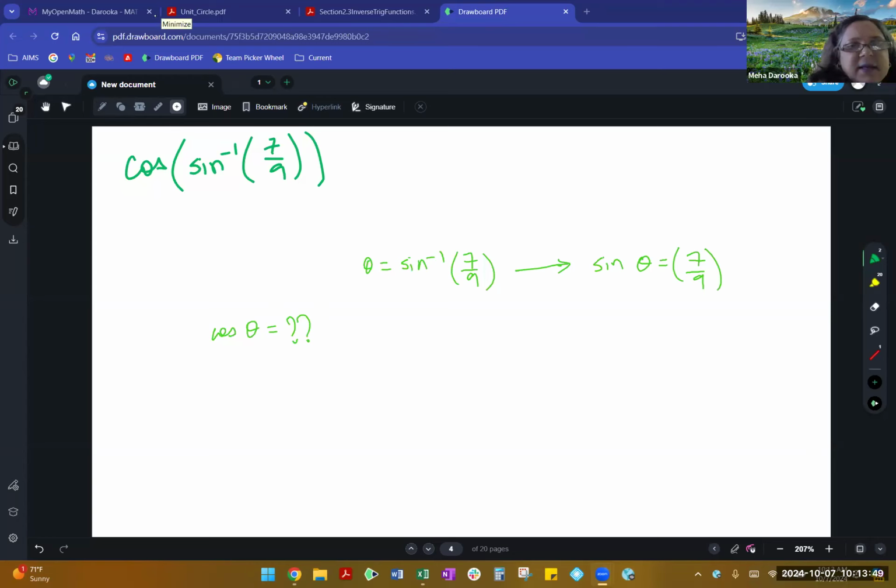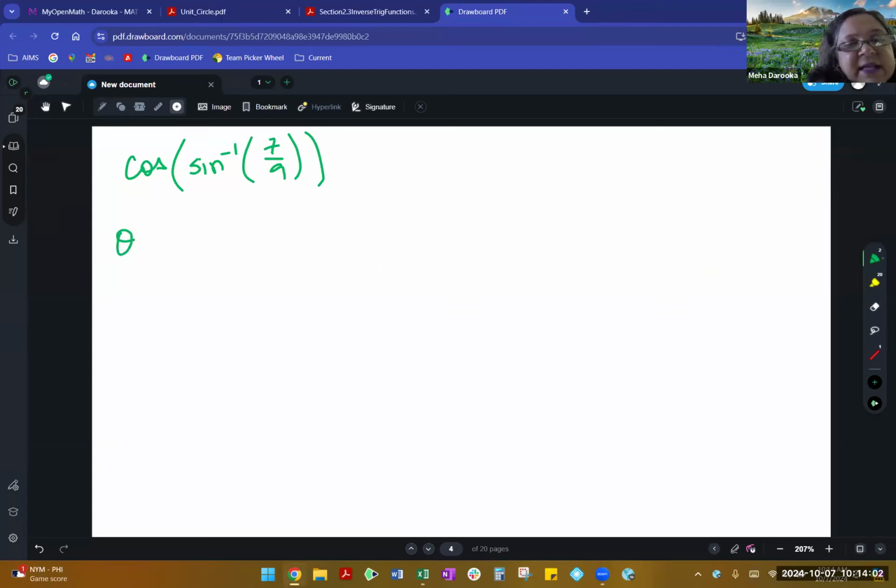Alrighty, so let me go ahead and clear some of this overlap writing. All right, so we have cosine of sine inverse of 7/9. Like I showed you, we can write sine inverse of 7/9 as sine of theta is equal to 7/9.